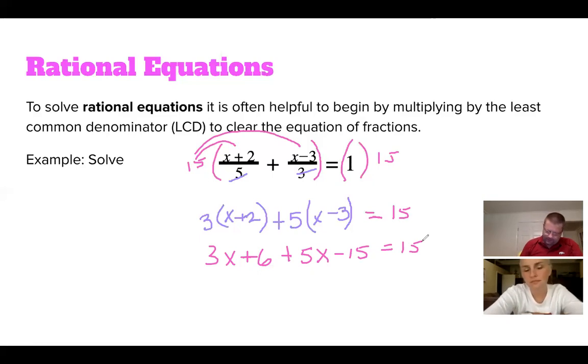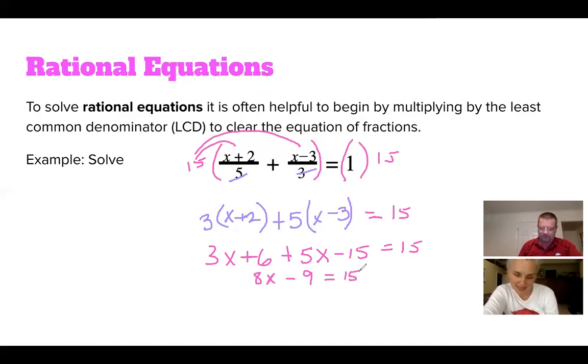So what am I going to end up with now? 8x, minus 9, and equals 15. And can I just go right to it? It'd be 8x equal to 24 when I add 9 to both sides. So I get x equals 3.